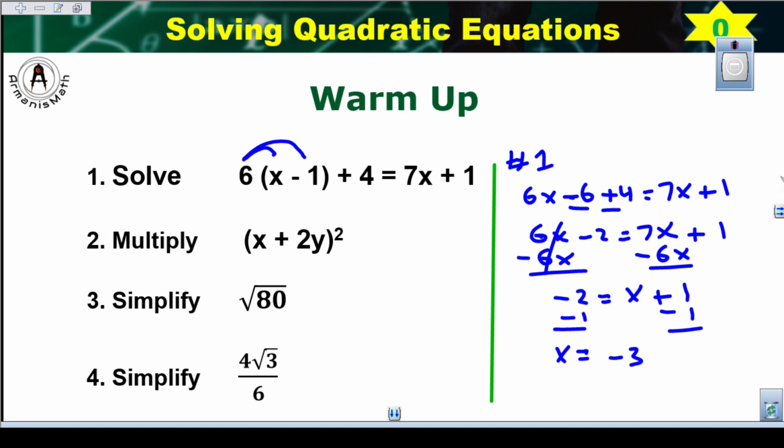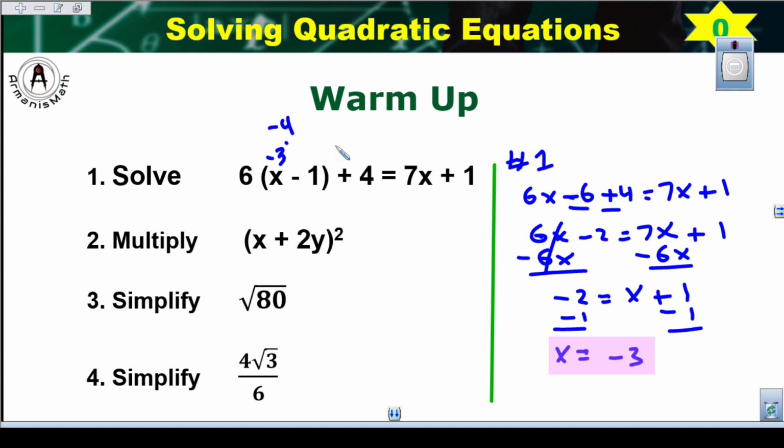Remember that when you find a solution, you need to plug it back in to see if it's going to work. So I need to check -3. If I put -3 here, that will be -3 minus 1. That's a -4. And 6 times -4 is -24 plus 4.